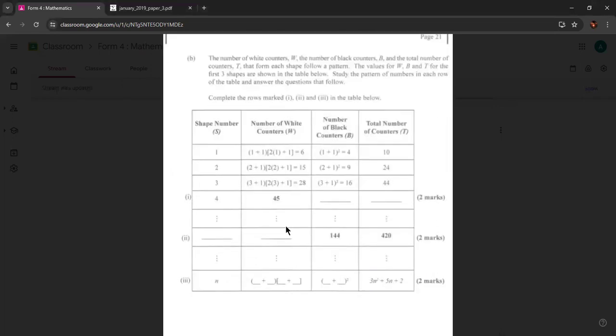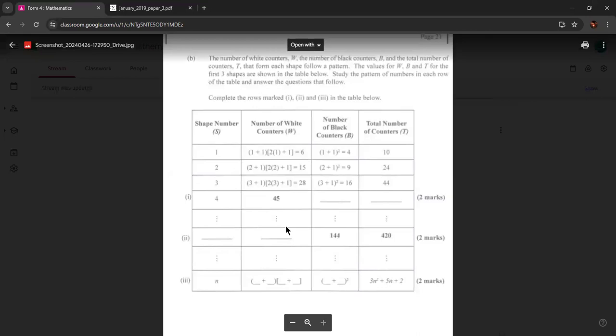It says the number of white counters W, the number of black counters B, and the total number of counters T that form the shape follow a pattern. The values W, B, and T for the first three shapes are shown in the table below.